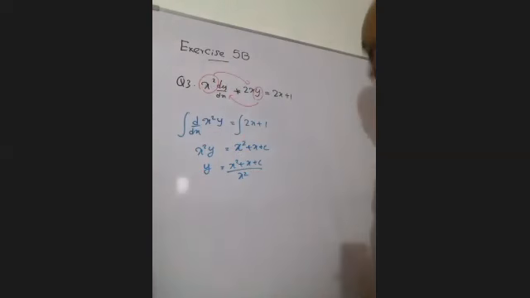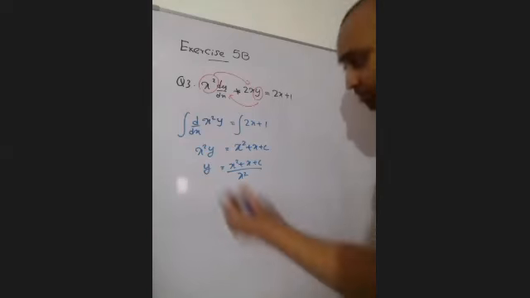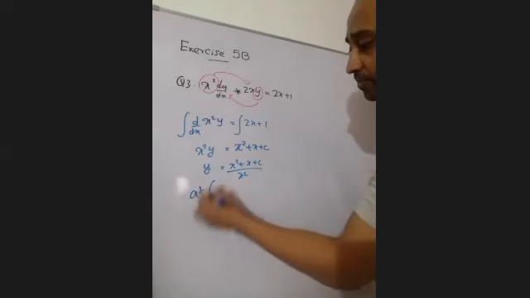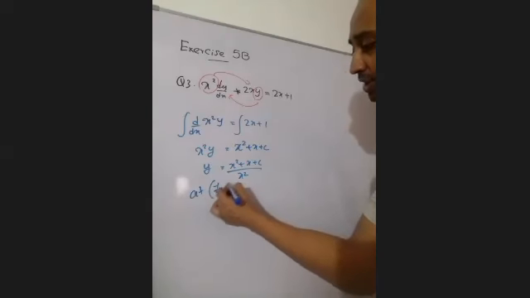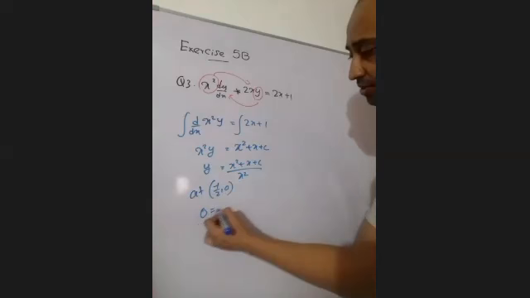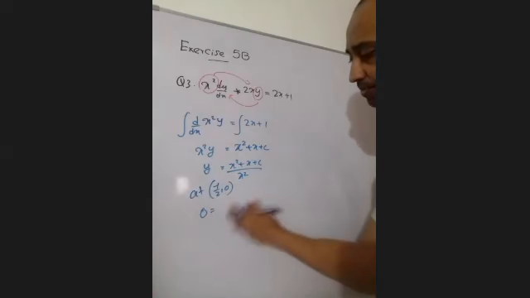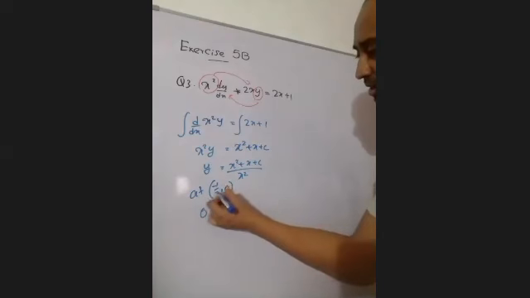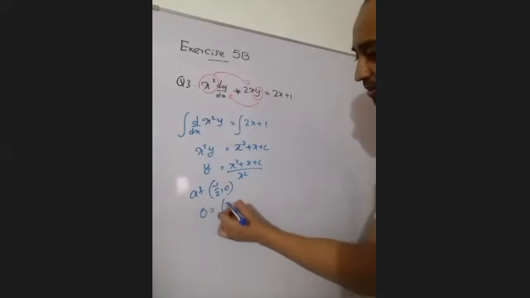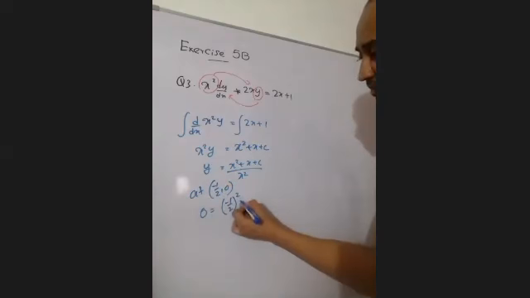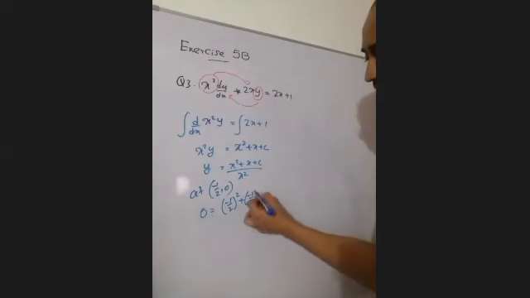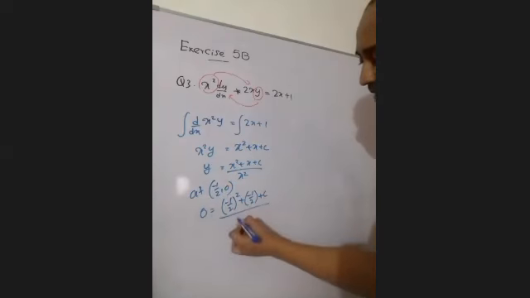Right. Then we need to find the value for c. To find the value for c, they have given 3 different conditions. Therefore, you get 3 different equations. Then at minus half, 0, you can say 0 is equals to minus half squared plus minus half plus c, divided by minus half squared.